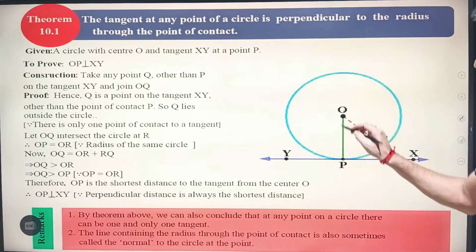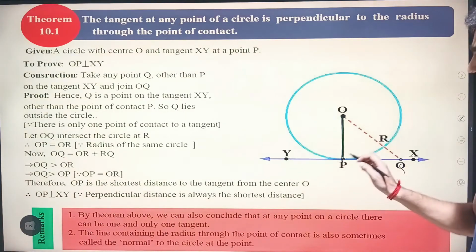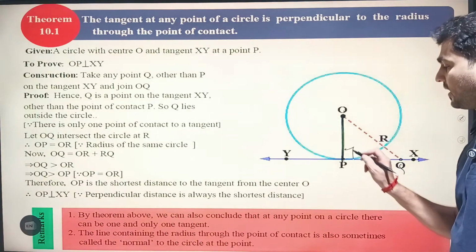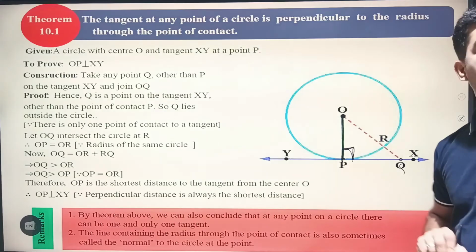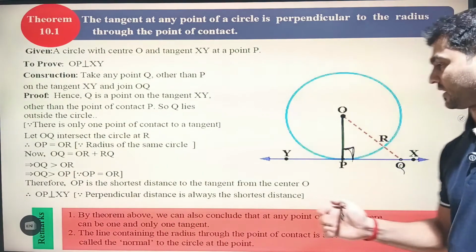And from the center O, the radius drawn to the tangent, there will be 90 degrees. This should be a perpendicular. So this is theorem number 1 we studied in this chapter, and we studied it perfectly.